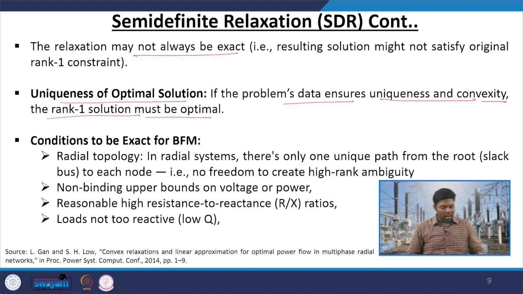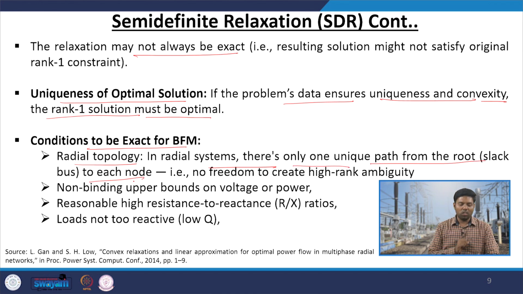So, the conditions to be exact for a branch flow model for a distribution network: first, the network must be of radial topology. You cannot apply this on meshed or weakly meshed topologies. If it is a radial topology, then what will happen? In a radial system, there is only one unique path from the root to each node.